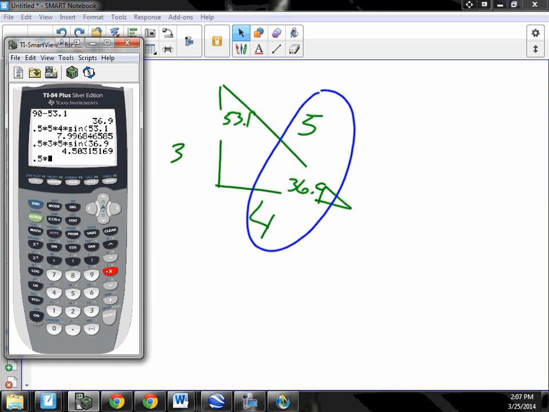So 0.5 times 3 times 5 times the sine of 53.1. That should equal 0.5 times 4 times 5 times the sine of 36.9. And those are off because the angles have been rounded. How would you do the other one? 1/2 times 3 times 4 times sine of 90.